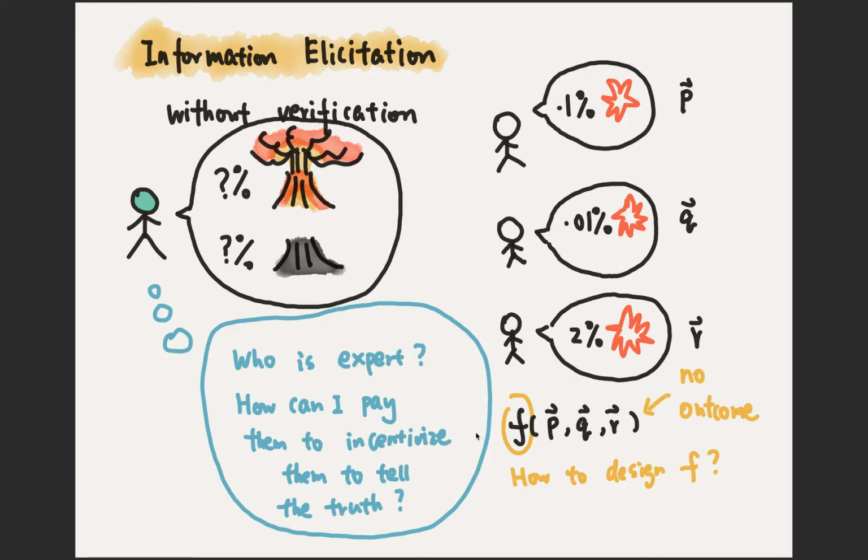But in this case, the scoring rule will take the crowd's forecast as input, and the problem is there is no outcome. That is why we call it without verification. The problem is how to design this scoring rule here. This problem is called information elicitation without verification. Its other name is peer prediction.